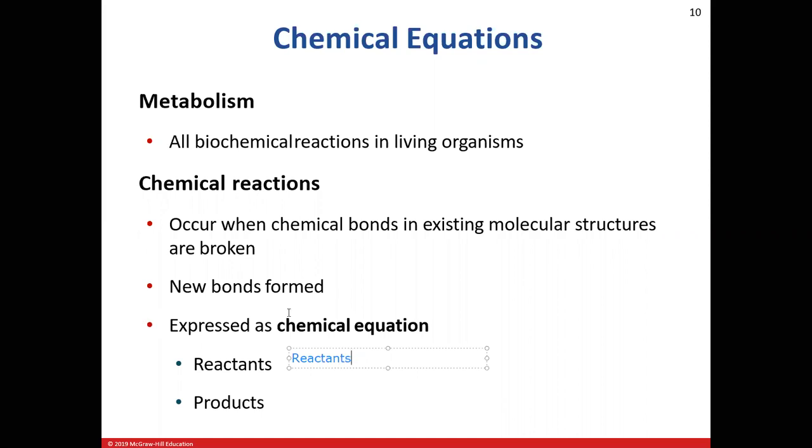So our reactants would be there. Our products would end up being there. Okay? And so again, we express this as a chemical equation. We start with something, we go through the reaction, we get something.